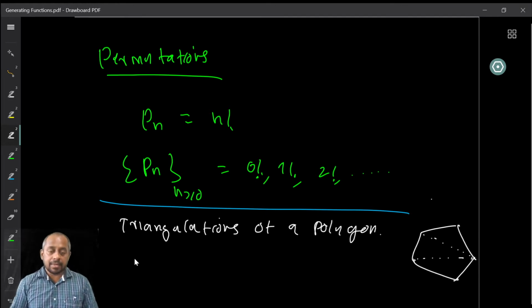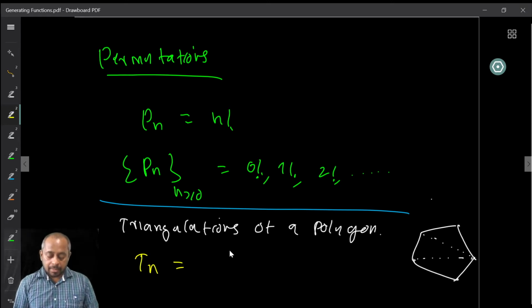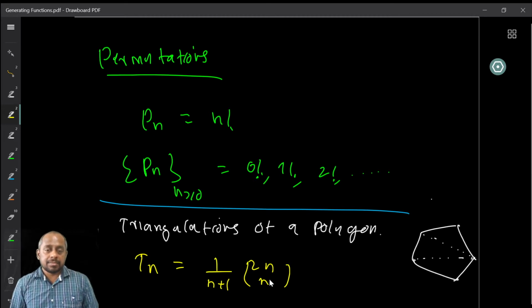If you define it that way, what you are going to get is that Tn is going to be the nth Catalan number, that is 1 by n plus 1 into 2n choose n, if I remember correctly. So you can verify this.